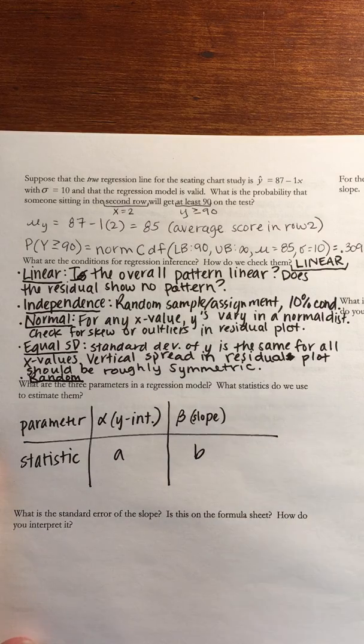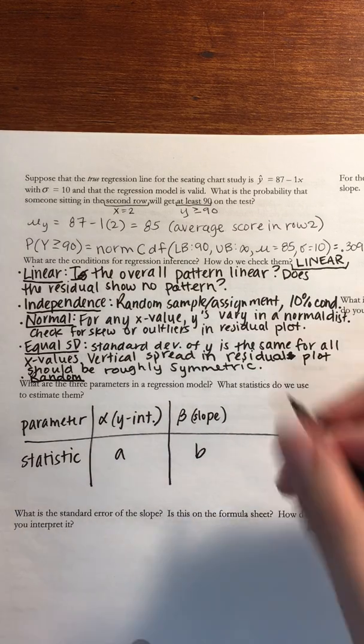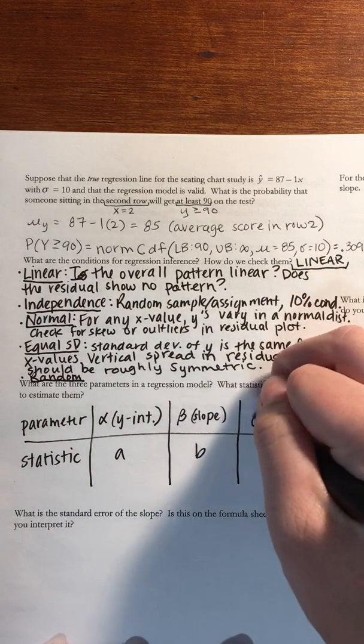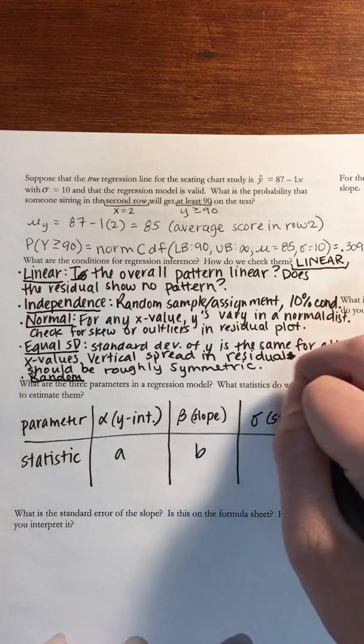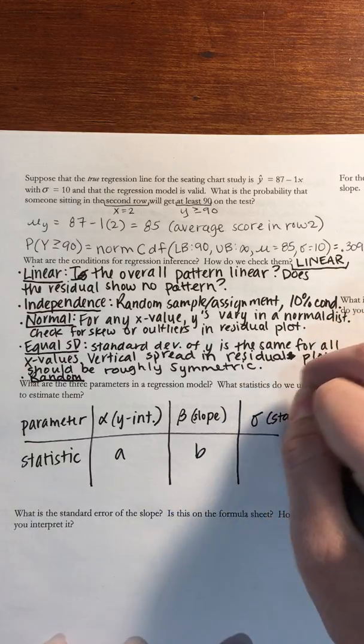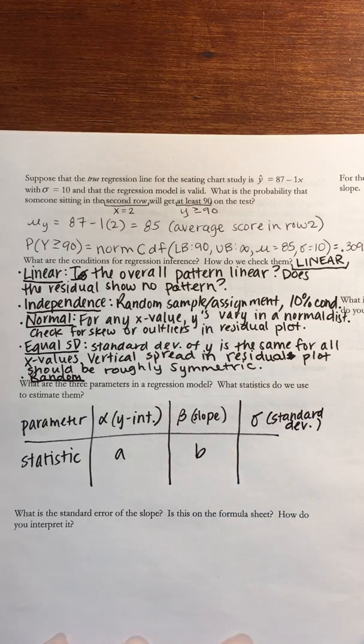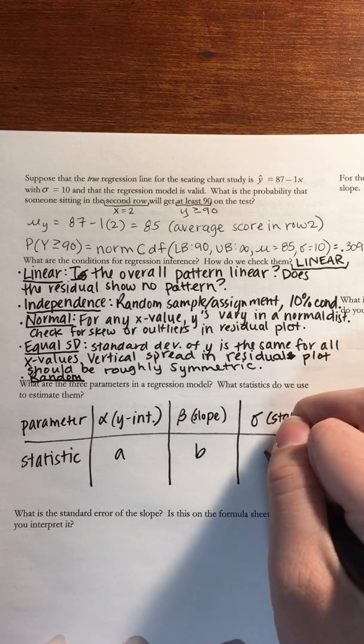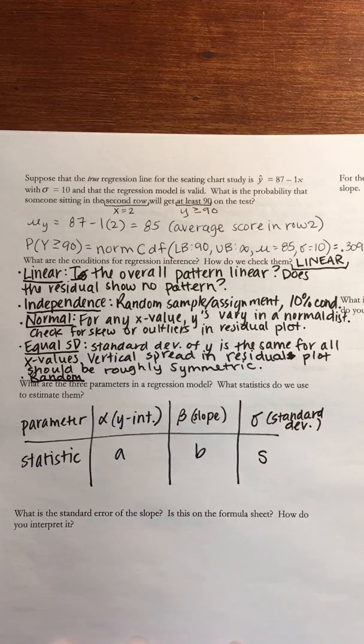We estimate that with a lowercase b. And sigma, which you already know, just as always, we estimate with s. That part hasn't changed, okay?